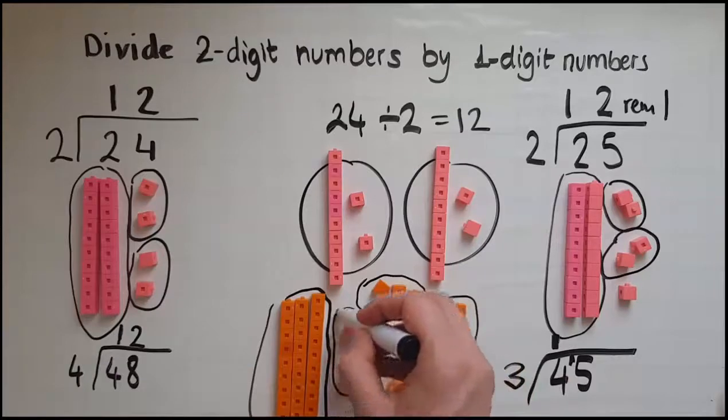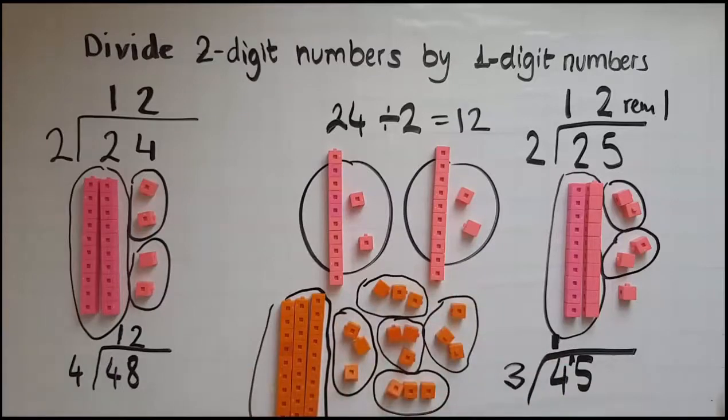And another 3 makes 15. So that fits exactly with the 15 we have. So there is nothing left outside of the sets. So we've got 1, 2, 3, 4, 5 groups. So our answer is 15. 45 divided by 3 equals 15.